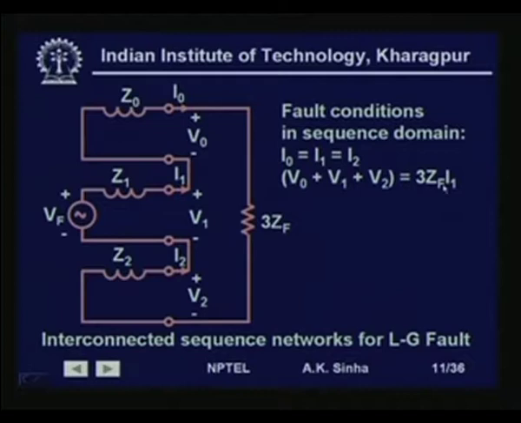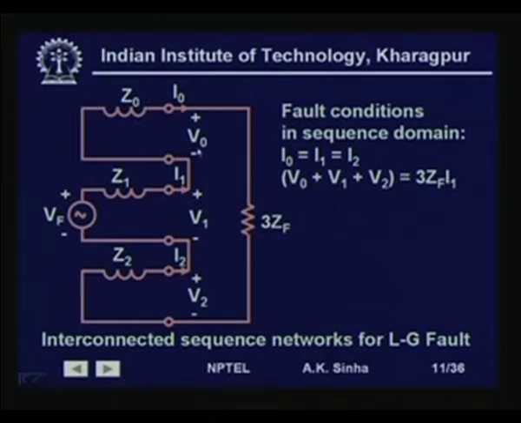So, with these conditions for the sequence currents and voltage, if we draw the sequence networks, then we have the positive sequence network, which has the pre-fault voltage at the faulted point Vf, since we have made an assumption that all pre-fault voltages are 1 per unit. So, this will be 1 per unit, and this Z1, the positive sequence impedance up to the fault point, is what will be the positive sequence network.